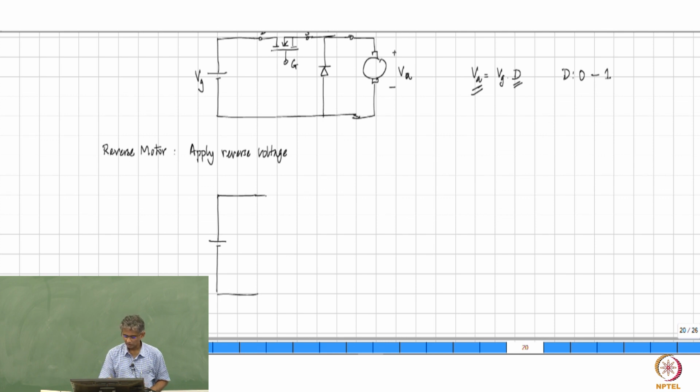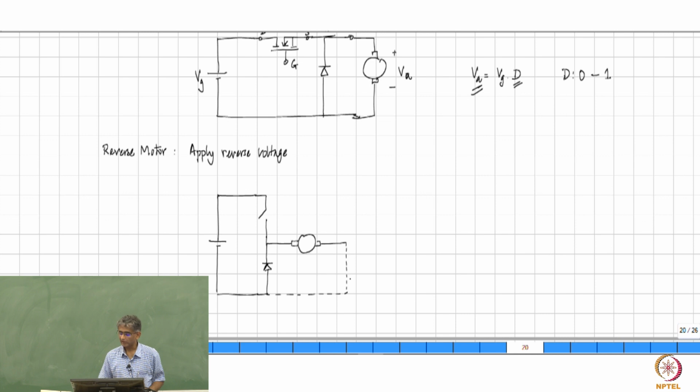And what we did was, we had a switch and then we had a freewheeling diode, and from this point we connected the motor. I am just redrawing whatever we did earlier, right? And this motor was connected at this point. That was the connection. It's the same circuit redrawn in a different manner.